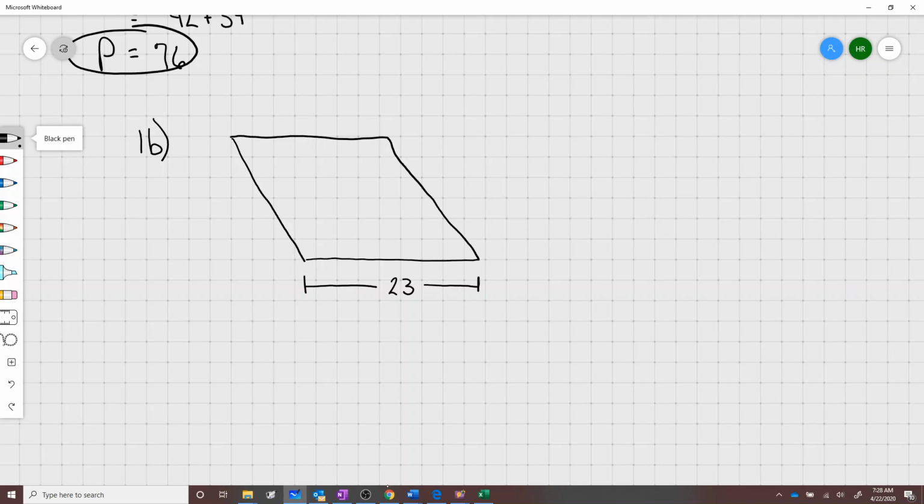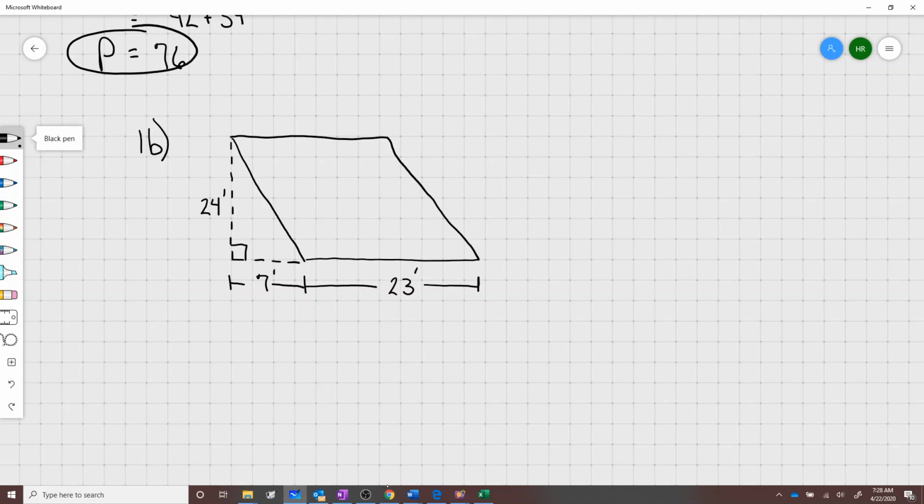Now, your height in this case is outside of the shape. The length of this segment, the distance between the top and the bottom sides of this parallelogram, is 24 feet. And this distance is 7 feet.